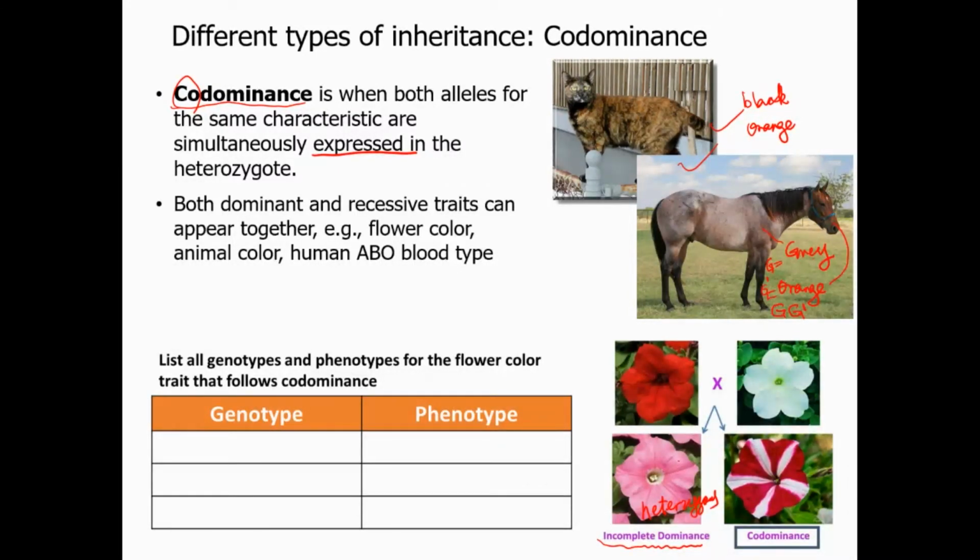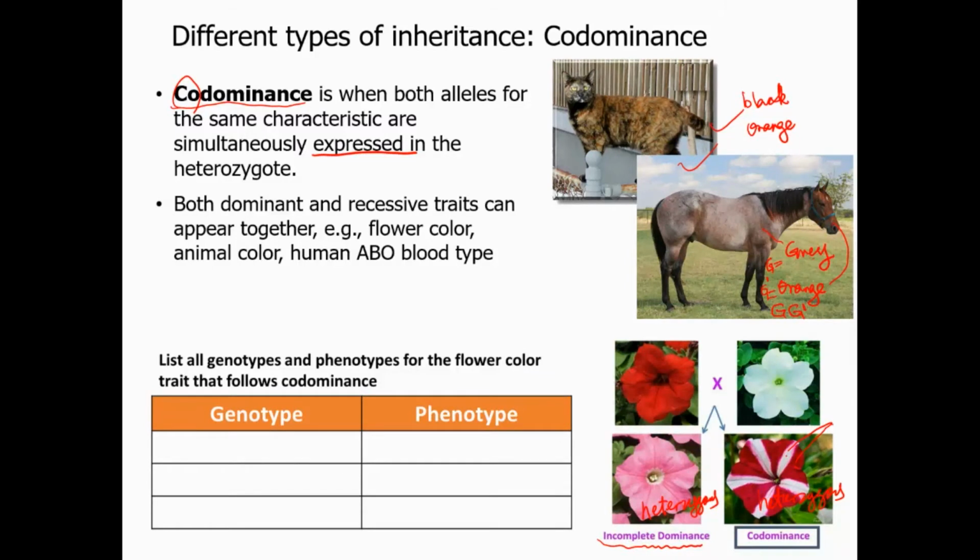So pink is going to be in between red and white. But for codominance, if you are heterozygous again, my dog is barking. If you're heterozygous, so instead of having an intermediate trait, something in between, you are going to have both traits shown at the same time, right? So you can see it's a patchy, white and red. So you're showing both because both colors are dominant.